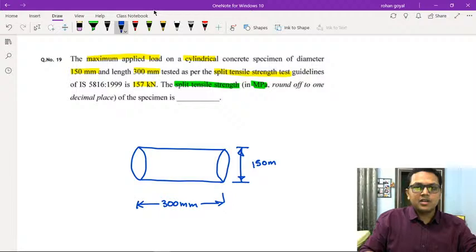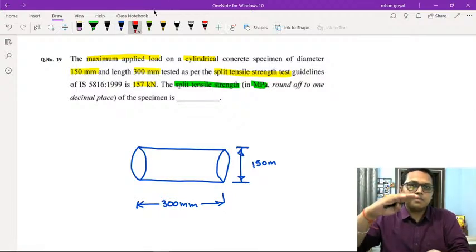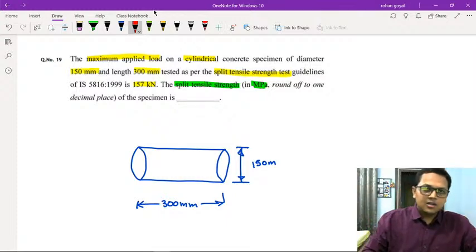In this test, what is done is a compressive load is applied along the circumferential edge of the cylinder. That is, the line of action of the compressive stress is as shown in the diagram.